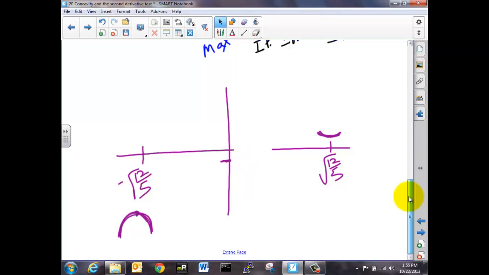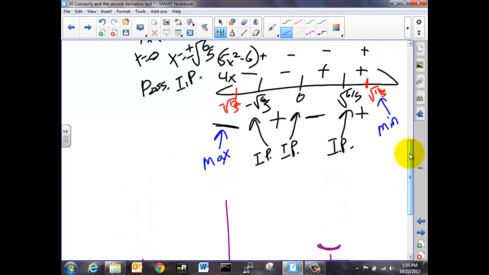It's not concave up. So it's got to be concave up like, whoops. What does this say? It has to be what? Concave up.